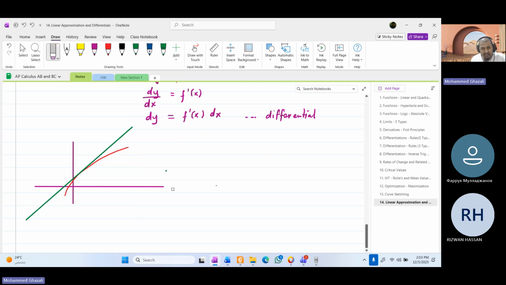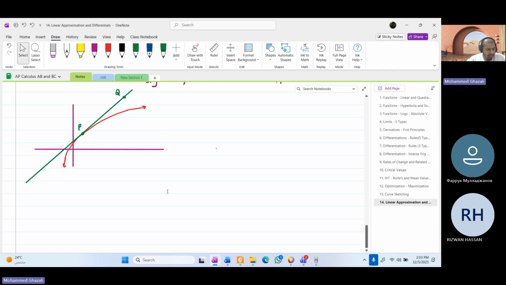So I drew a tangent line to this function. Let's call this my f of x function, and that's my tangent. Take 2 points, P and Q.